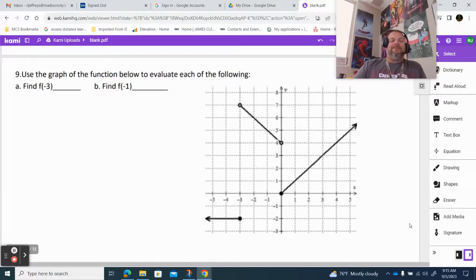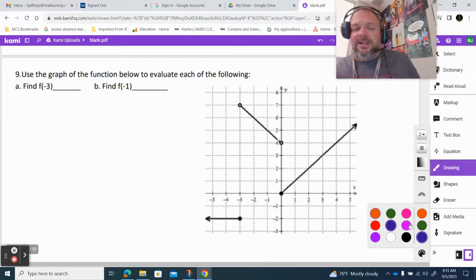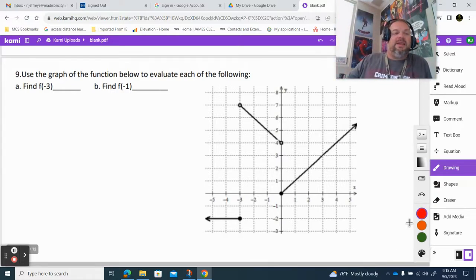Okay. So this is what we're doing. It's the same thing, but it's graphically. We have to find when f is -3. So we go to -3. There's two parts. There's an open circle at the top and there's a closed circle at the bottom. Which one do we go to? The closed circle.